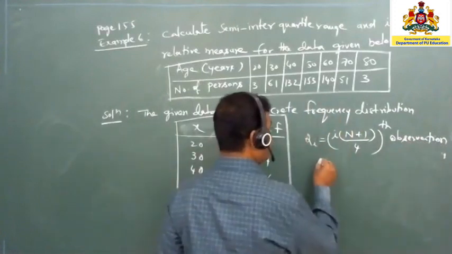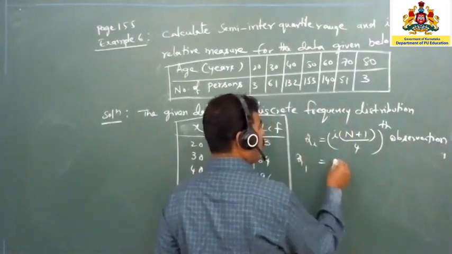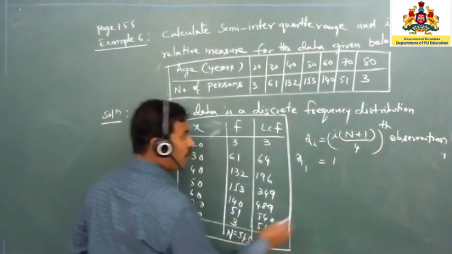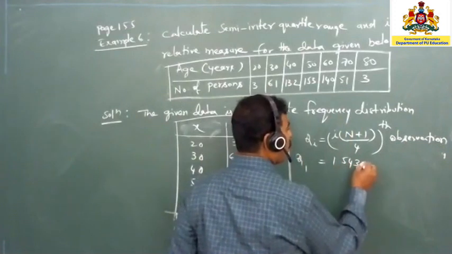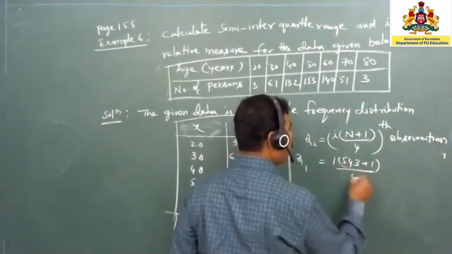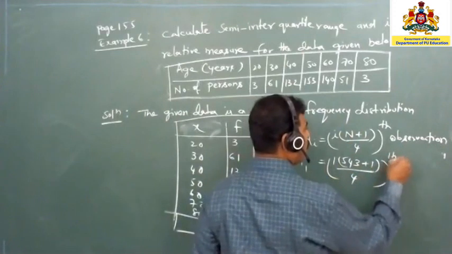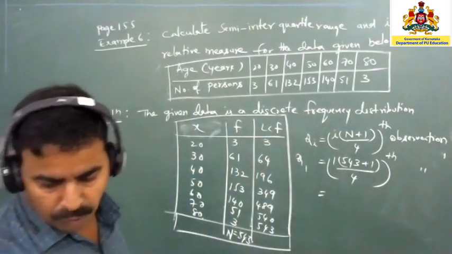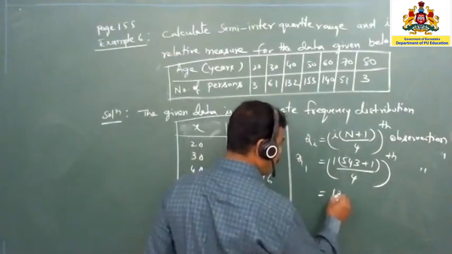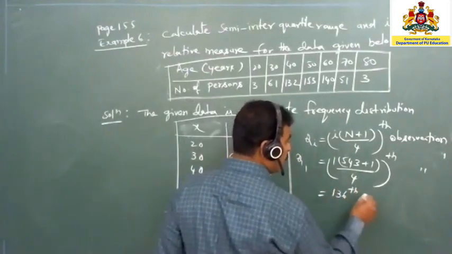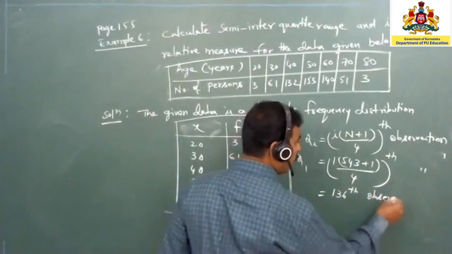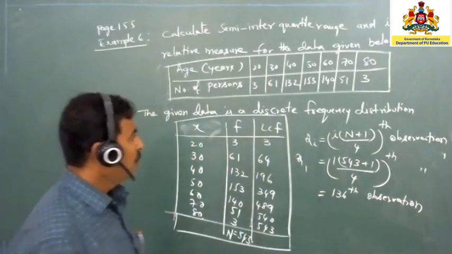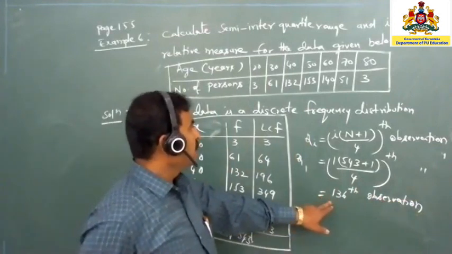So for Q1, 1 into (543 plus 1) by 4th observation in the series, which is the 136th observation.